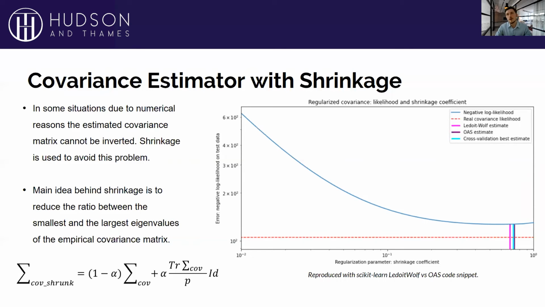And we may face a problem that we either can't invert a covariance matrix, or even if we could invert it, it would have poor numerical properties and be unstable. By instability, I mean here that slight changes in the original covariance matrix would drastically change the inverted covariance matrix and therefore drastically change the weights of elements in our portfolio.